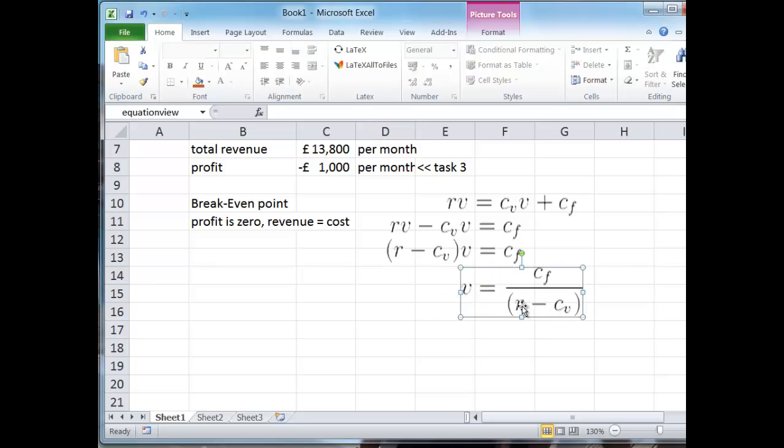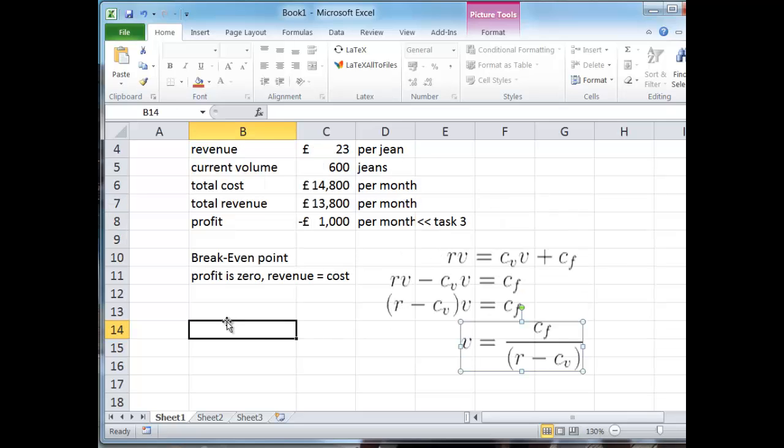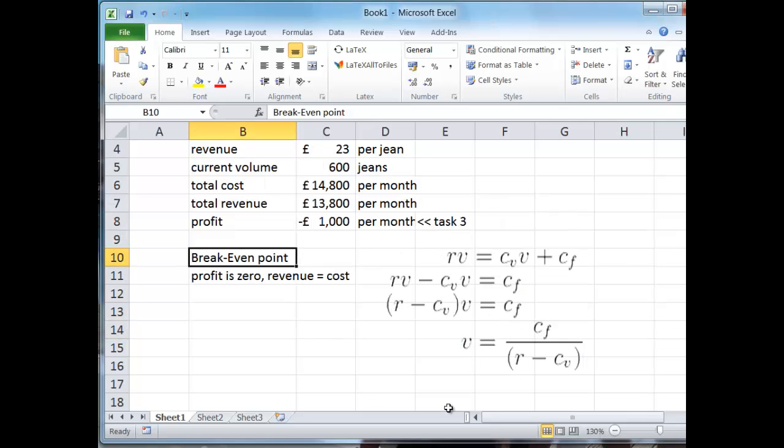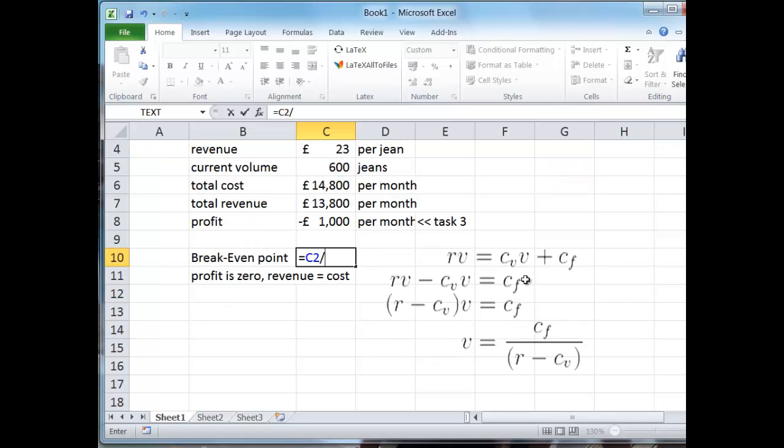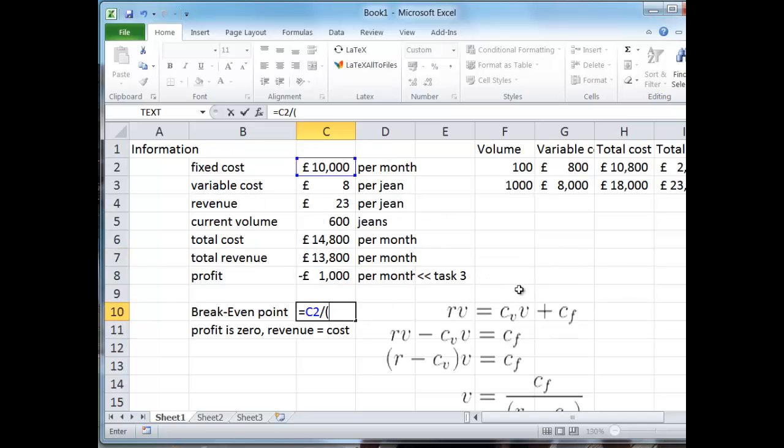So now we have to put it into Excel. So break-even point is the fixed cost divided by the revenue minus the cost.